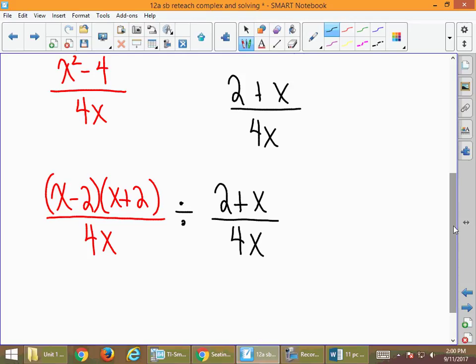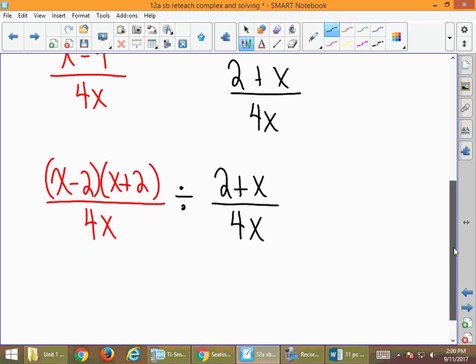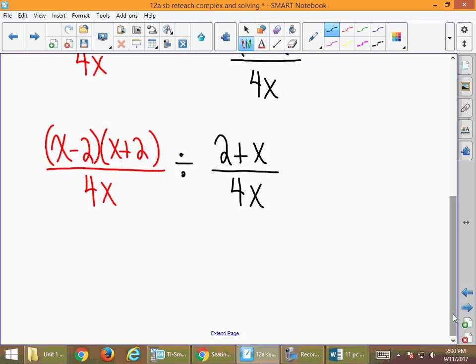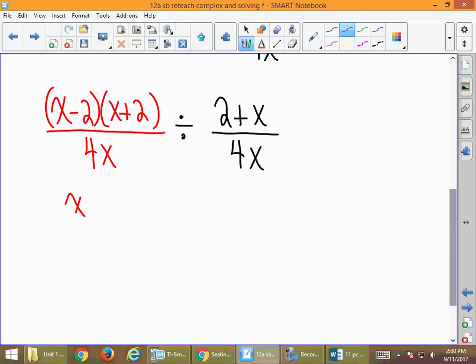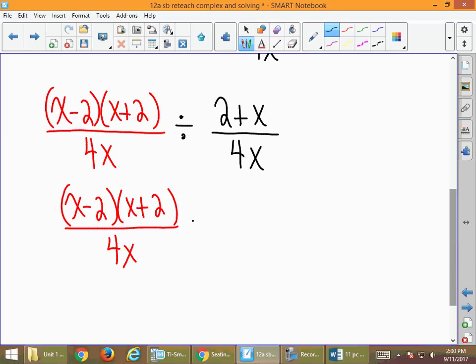When dividing, don't ask why. Flip the second one and multiply. So the red, I'm not going to change. x minus 2 times x plus 2 divided by 4x. And we're going to multiply by 4x over 2 plus x.